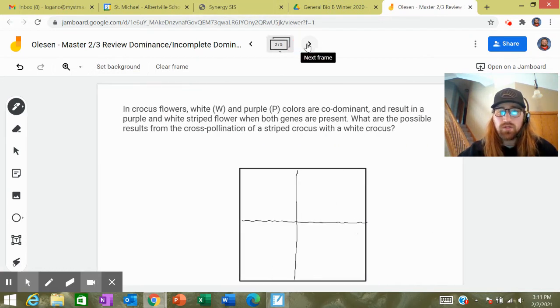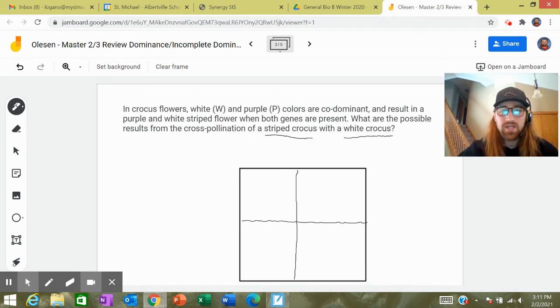Now, the second we're going to do is going to be codominant. So it says, in crocus flowers, white, capital W, and purple, capital P, colors are codominant, and they result in a purple and white striped flower when both genes are present. What are the possible results from the cross-pollination of a striped crocus with a white crocus? So we have a striped crocus. We also have a white crocus.